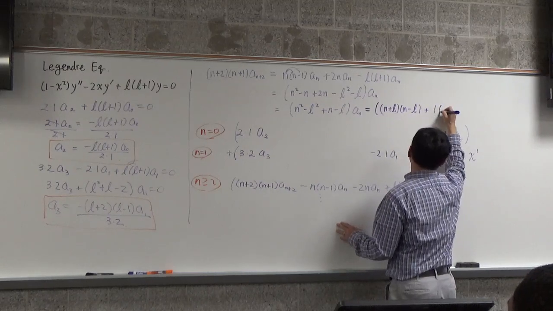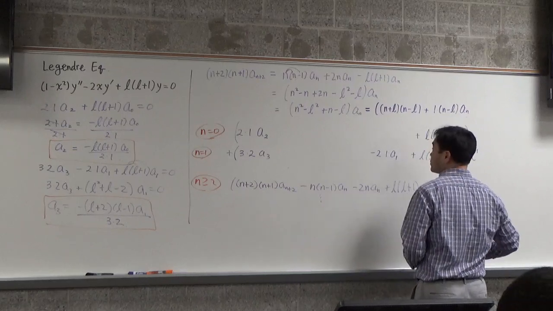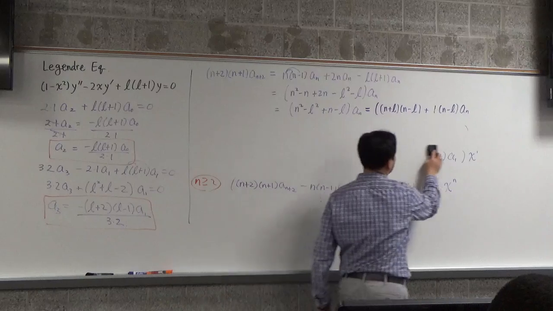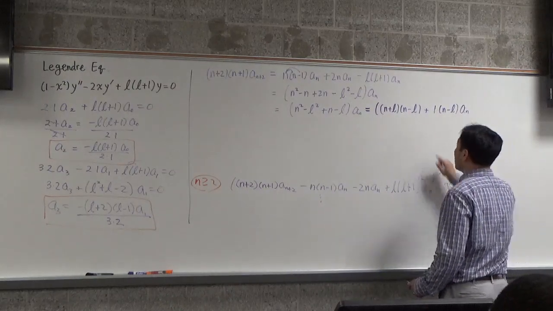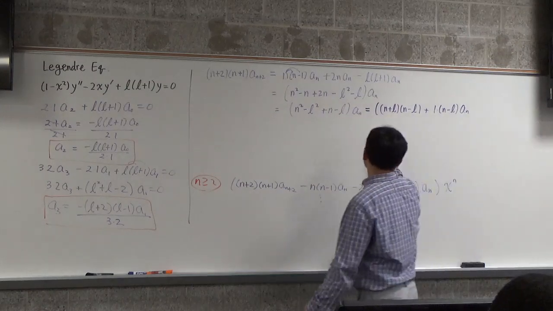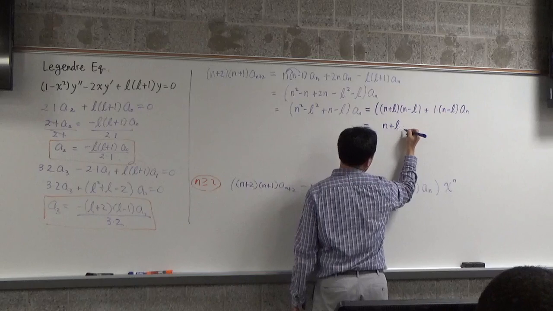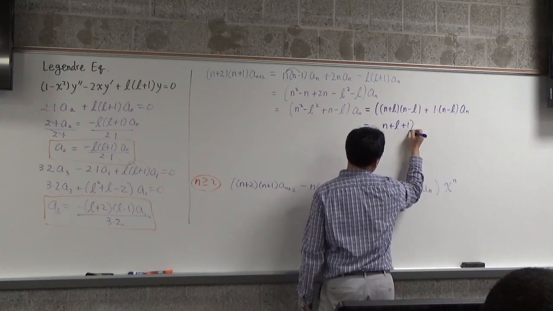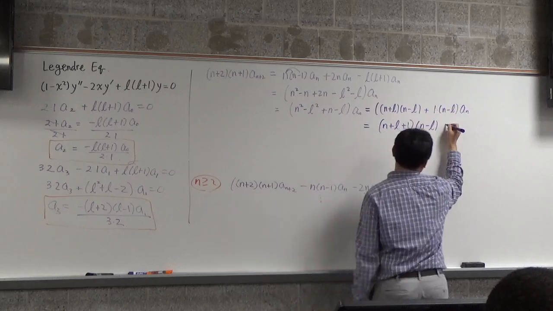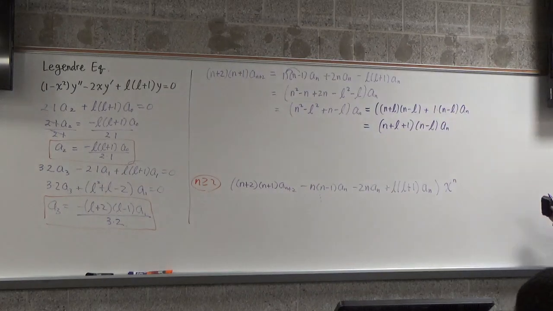Plus 1 times n minus l, so that n minus l are common, so I can factor it out. Okay, so I'm going to factor that, and that leaves you with n plus l plus 1, n minus l, a_n. Good?